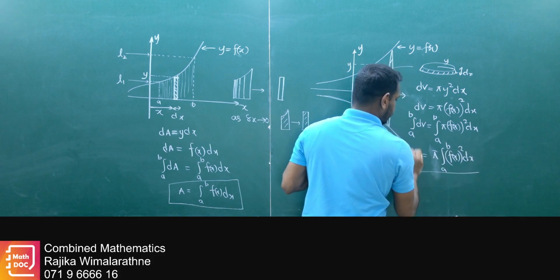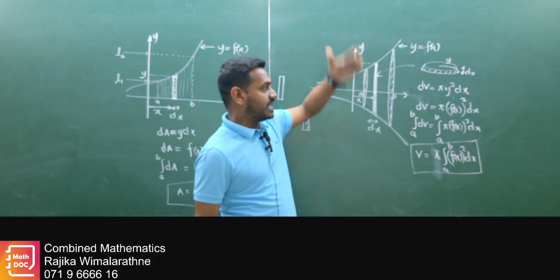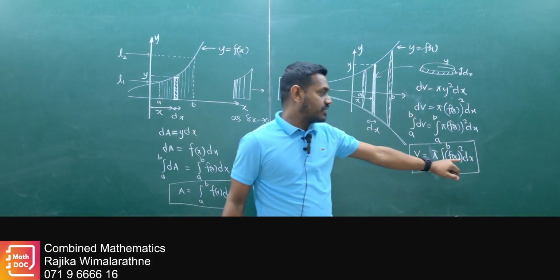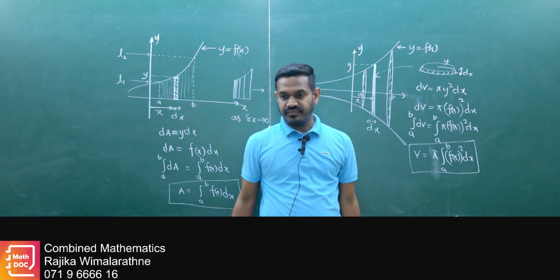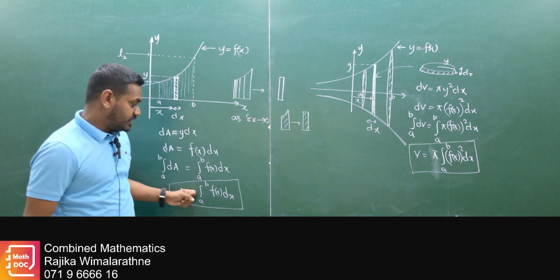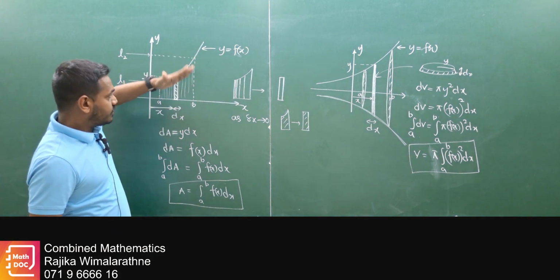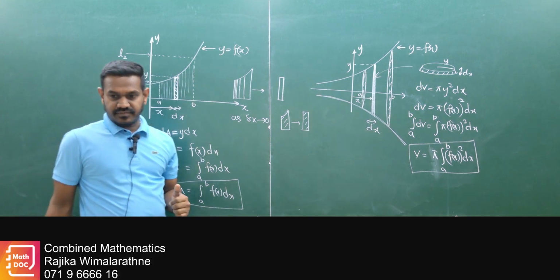This represents the volume. So when you rotate this function around the x-axis, pi f(x) squared dx represents volume. Whereas if you integrate the function within the AB region, that represents the bounded area between the curve and the x-axis.